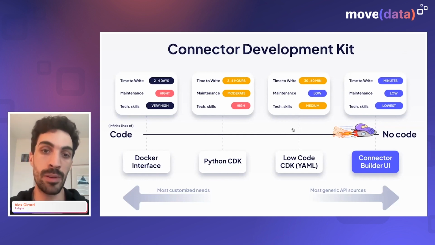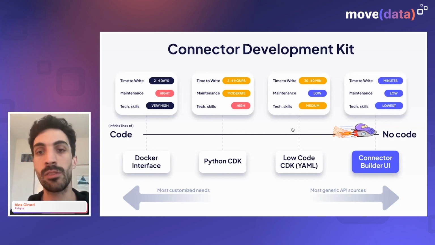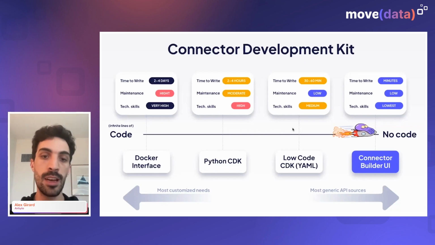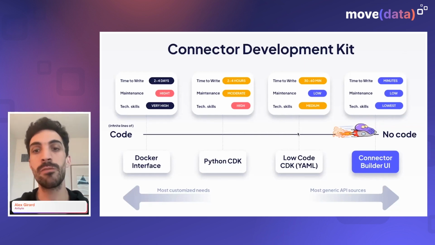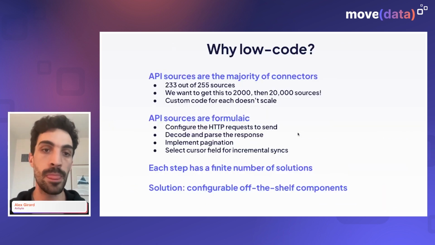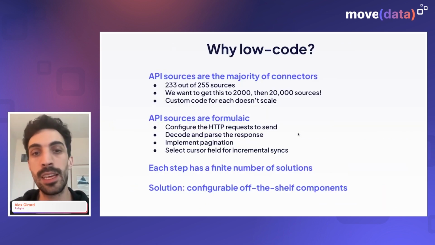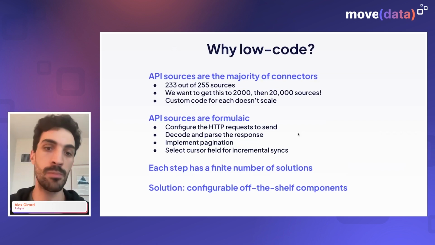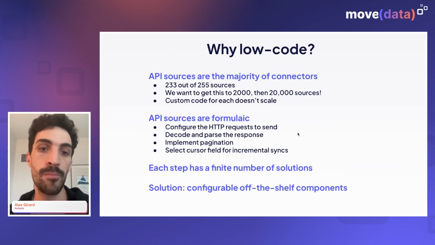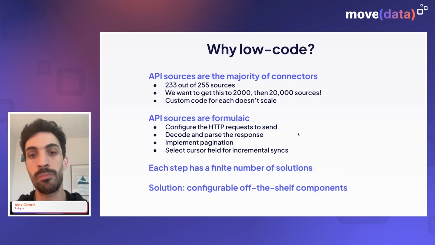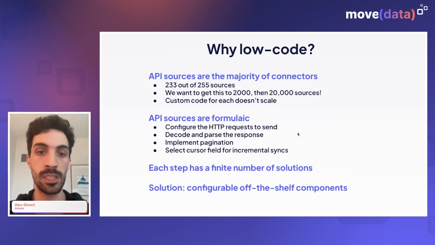Well, we implemented a lot of connectors using our connector development kit over the last 2 years. And in doing so, we've made a few key learnings which directed the evolution of our tooling. The first one is that API sources make up 90% of our source connectors. And the second one is that there's a very repeatable pattern to implementing those types of integrations.